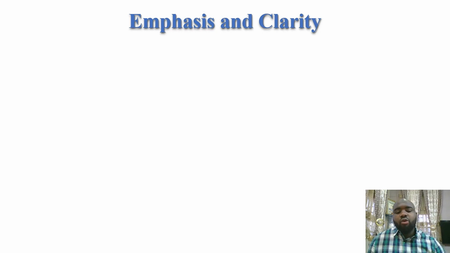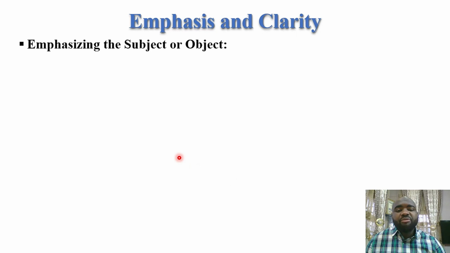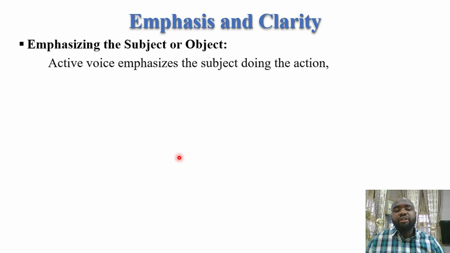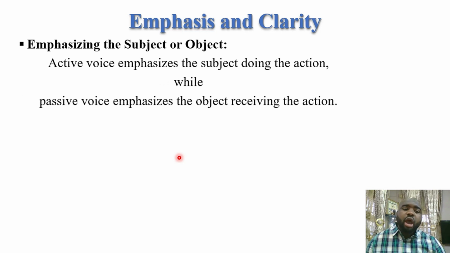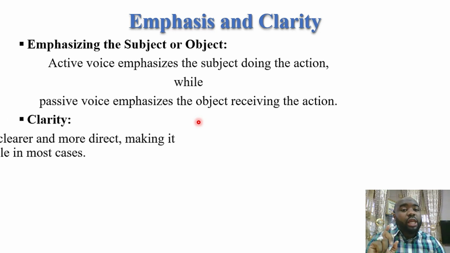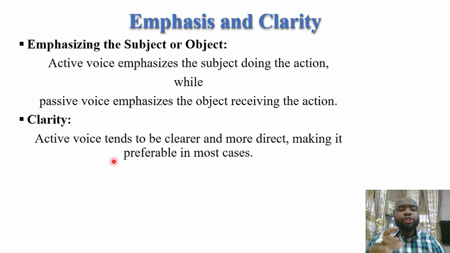So now on emphasis and clarity. You see, on emphasis, we have active voice emphasizing the subject doing the action, whereas passive voice emphasizes the object receiving the action. We've explained that earlier. Now on clarity, active voice tends to be clearer and more direct, making it preferable in most cases, particularly for learners.